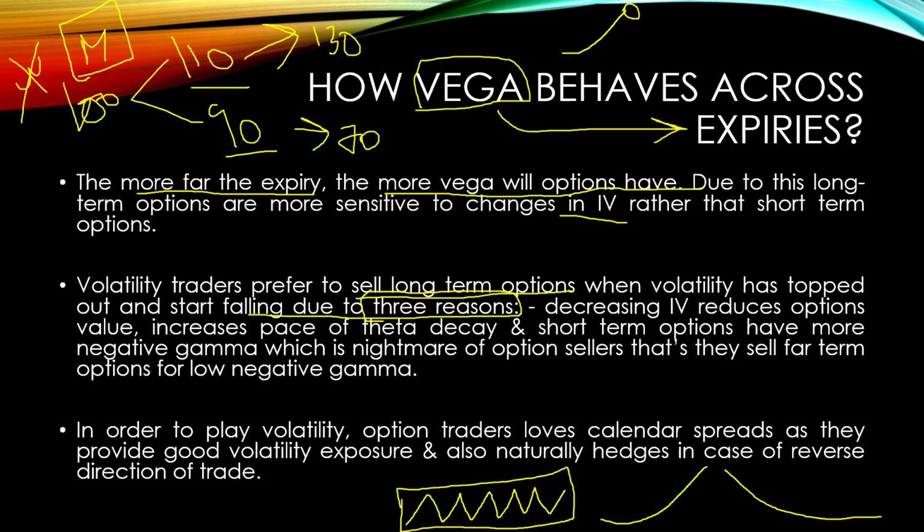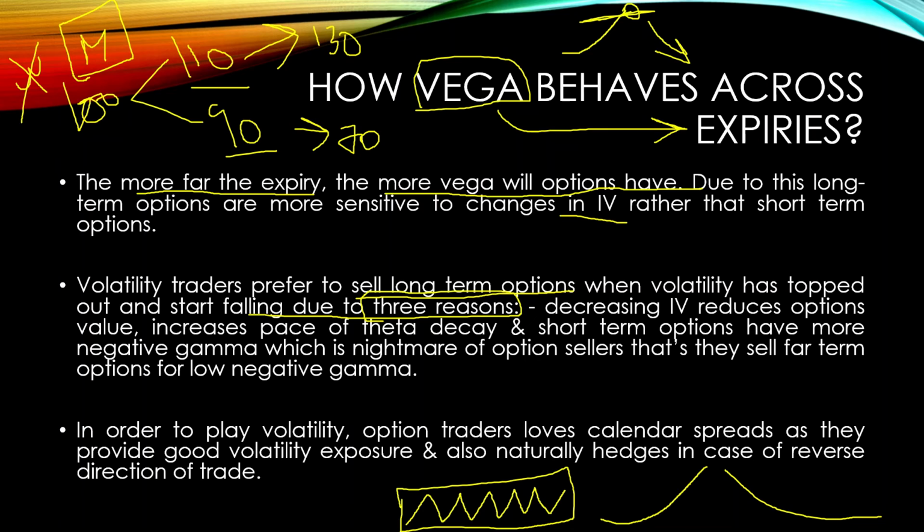So what happens when the volatility has topped out? The volatility trader would like to sell options there. Why? Because decreasing IV reduces the option's value as the volatility starts falling. In the previous slide we discussed that when the IV starts decreasing, option value also starts decreasing, and you don't want to be an option buyer in a decreasing IV environment.